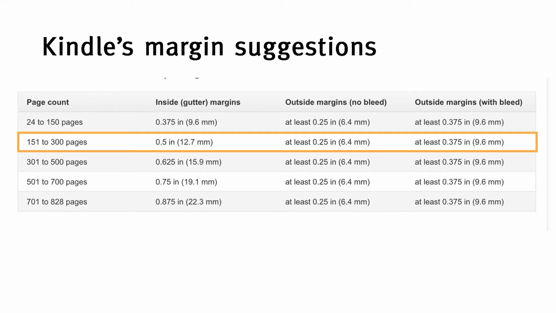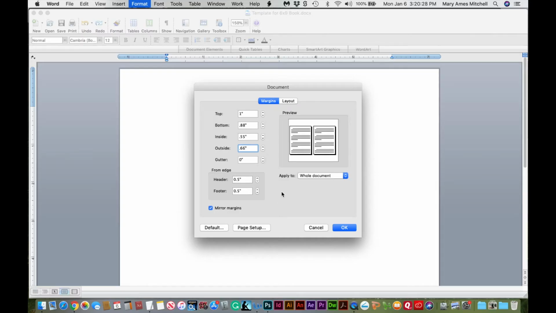These are Kindle's suggestions, and it varies by page count. So fat books need a wider margin in the center so that you can open the book out and see it. But for a 300-page book, which is a good standard size book, they suggest 0.5. So we're just going a little bigger than that. Okay, so those are the margins.